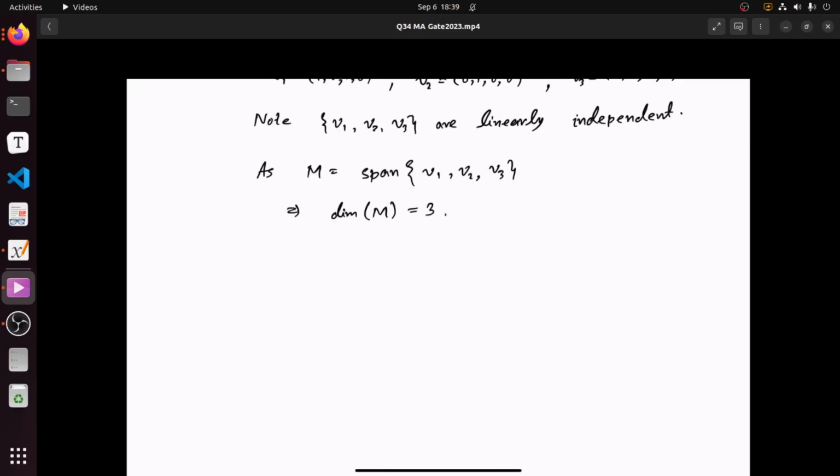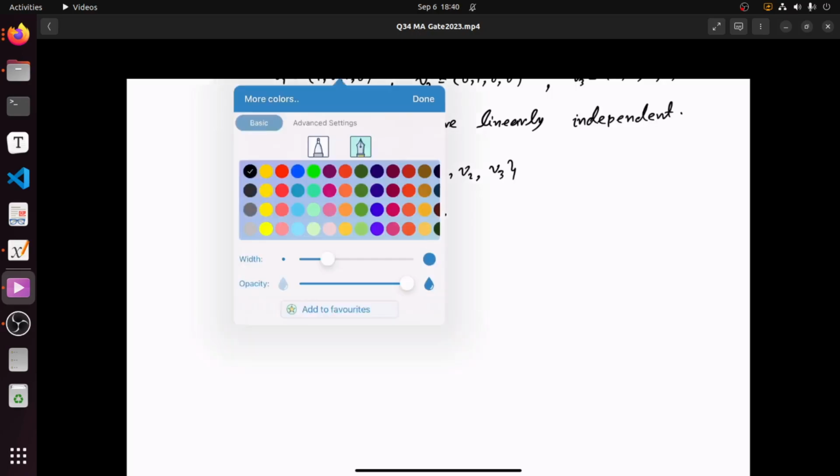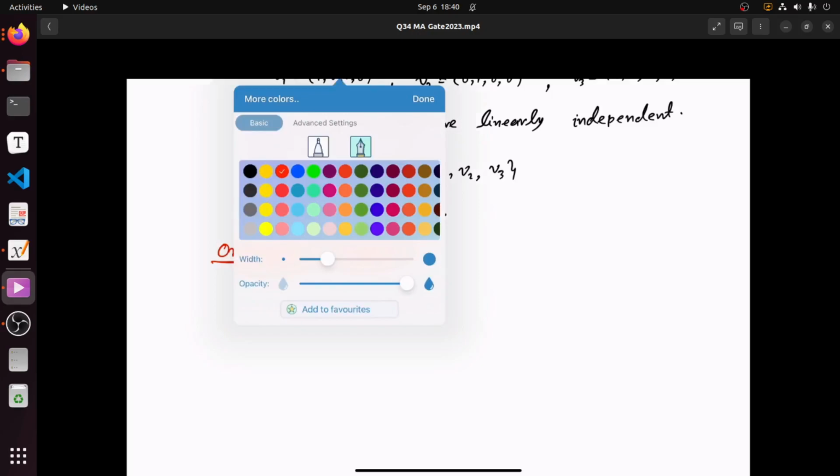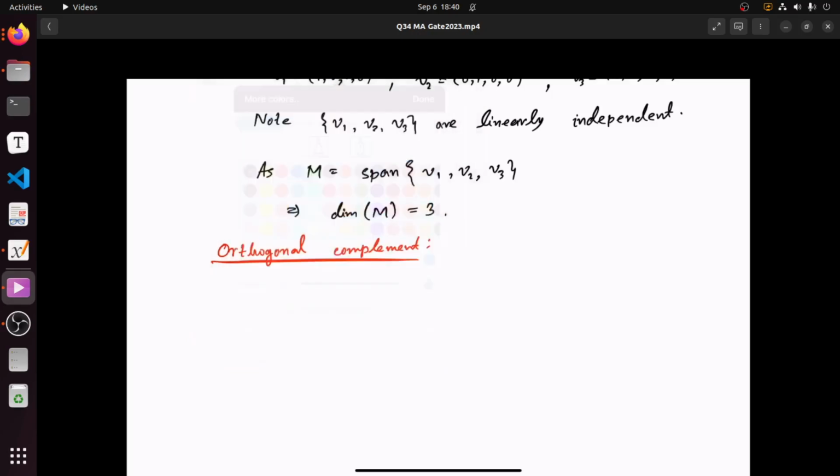So what is the orthogonal complement? How is it defined? This is a concept on inner product spaces only.